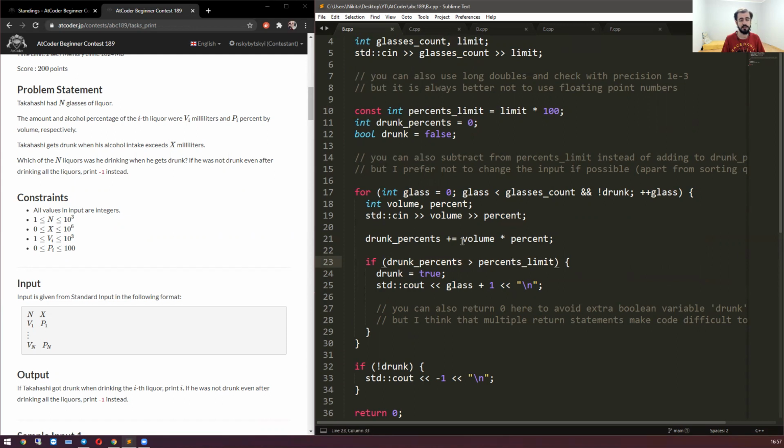But it's always better to work without floating point numbers, so that's why I did it this way. I also have 2 redundant variables; basically, you can get away without them, tracking whether or not Takahashi got drunk already.